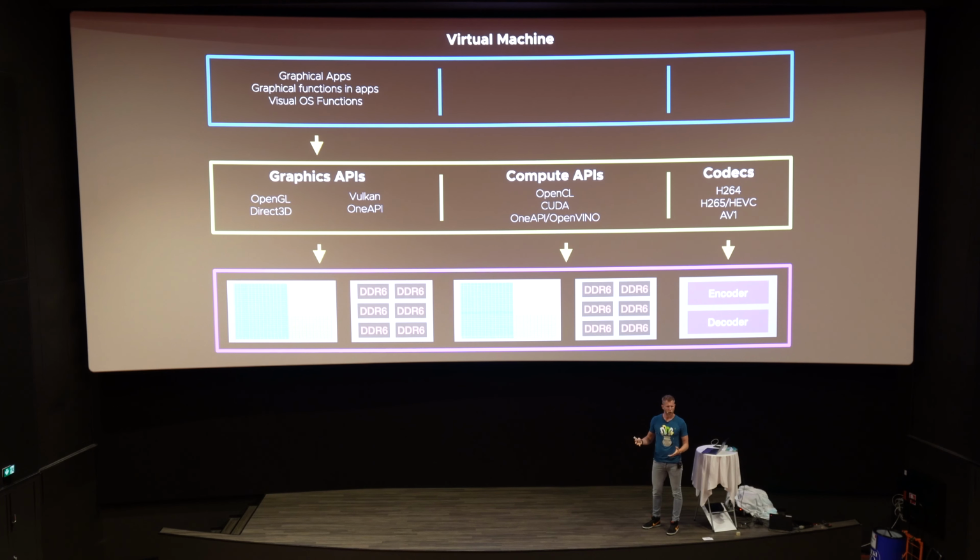And visual OS functions, like if you take Aero, which was introduced, I think, at Vista. Aero used a GPU to basically render everything that happened in the OS. So certain functions require that GPU as well. And there's also different types of computational functions and apps.